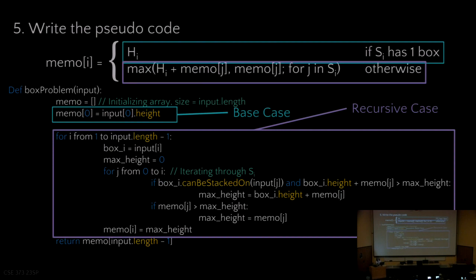I am not going to go through all of this with you, but this is just putting together all the steps that we answered in the past couple slides. And so I wrote the recurrence up here, and the code is essentially just the exact same thing as the recurrence. So this entire box is just me writing this for loop and then checking whether these two are greater than the current max height.